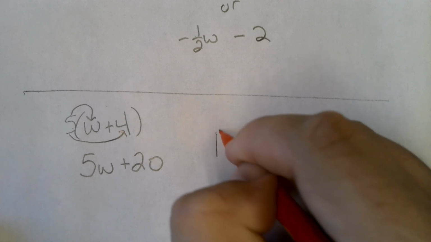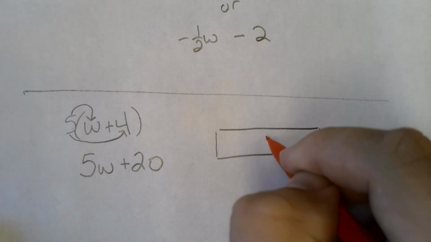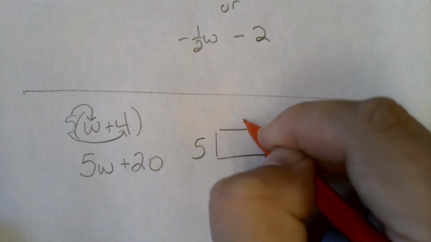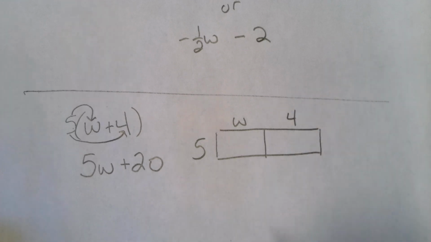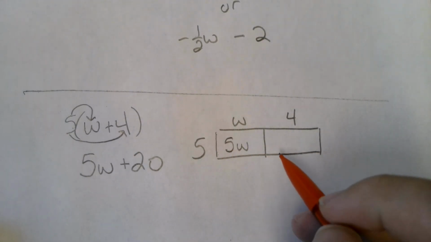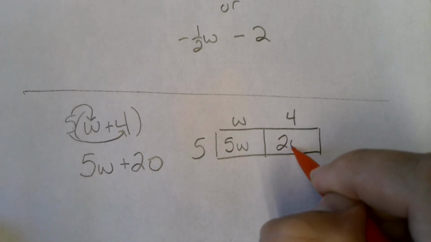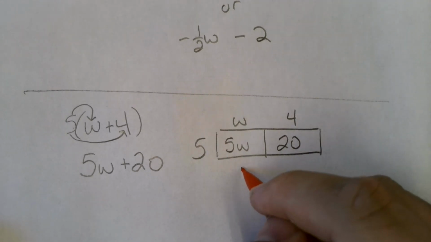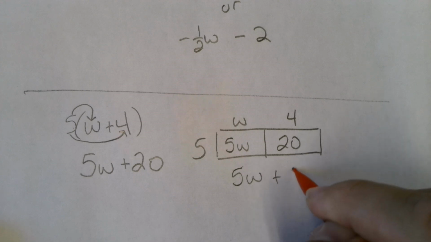If we set that up with the table method, that would be like saying 5w and 4, which would give us 5 times w, 5w, and 5 times 4, 20, which would give us 5w plus 20.